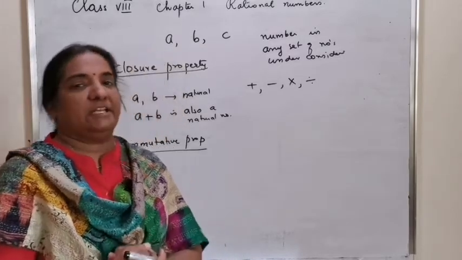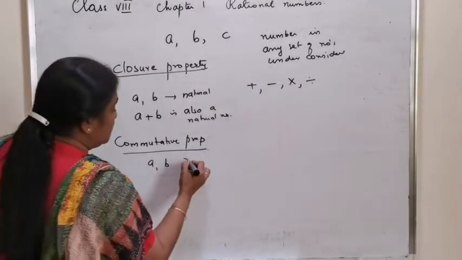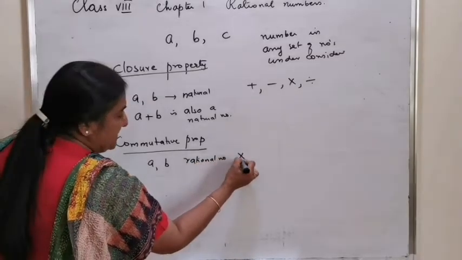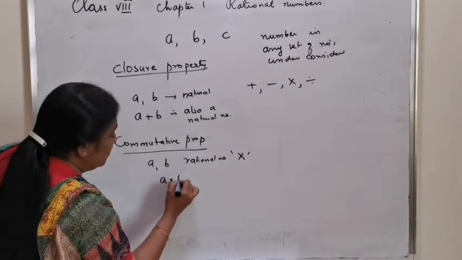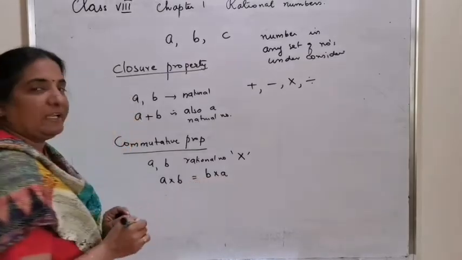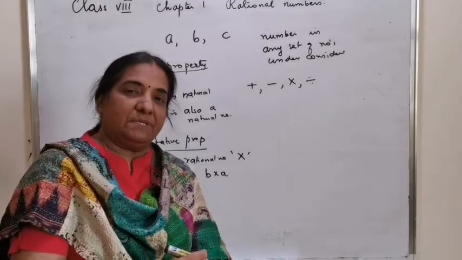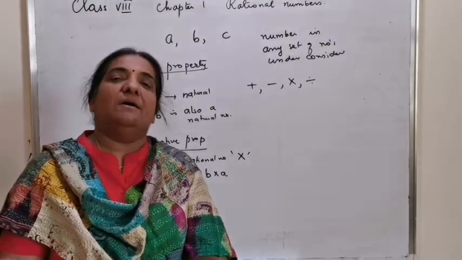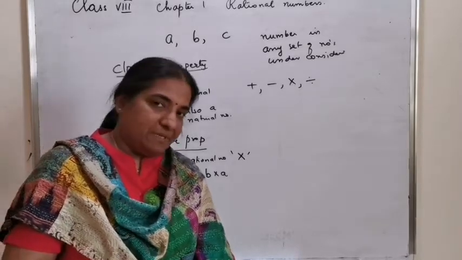That is, again for an example, let A and B represent two rational numbers. Under multiplication, if the product A into B and the product B into A are equal, you can say that rational numbers follow commutative property under multiplication, or multiplication is commutative for rational numbers.